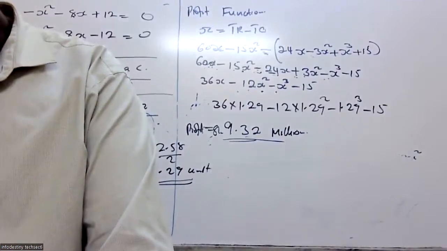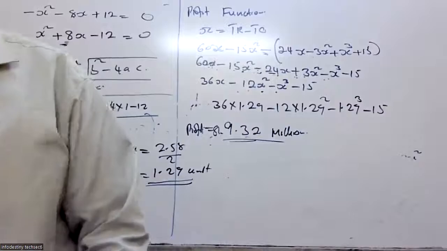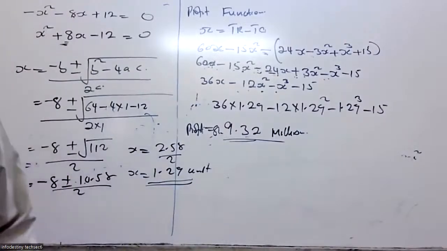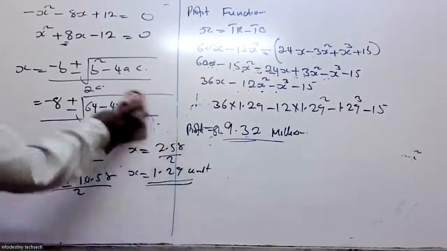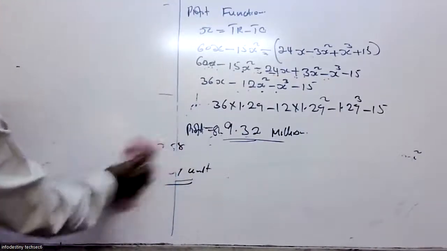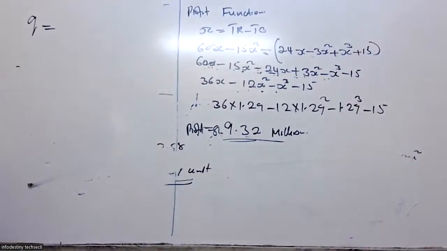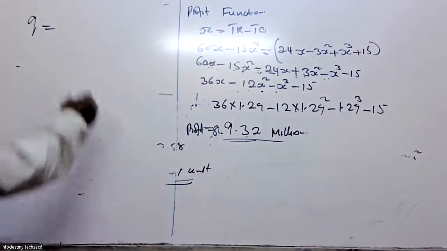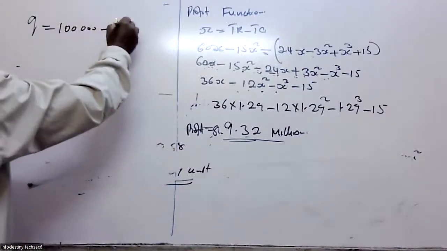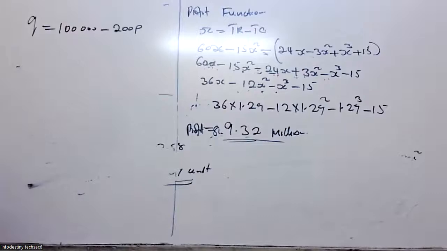The demand function of the panel is Q equals 100,000 minus 200p, where Q is the number of units demanded each year and P is the price in shillings.